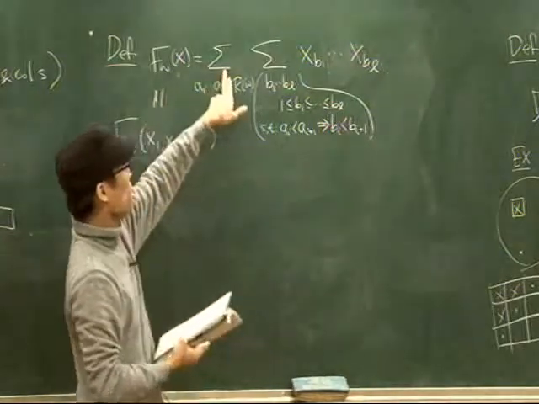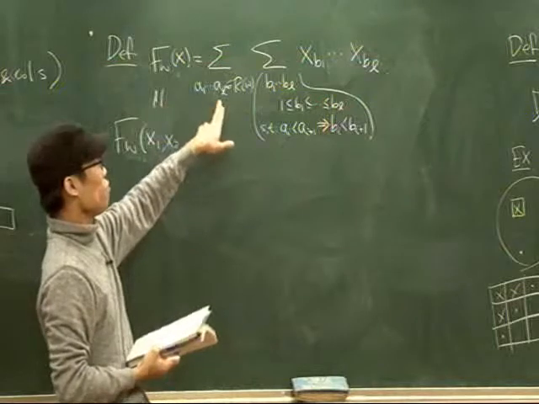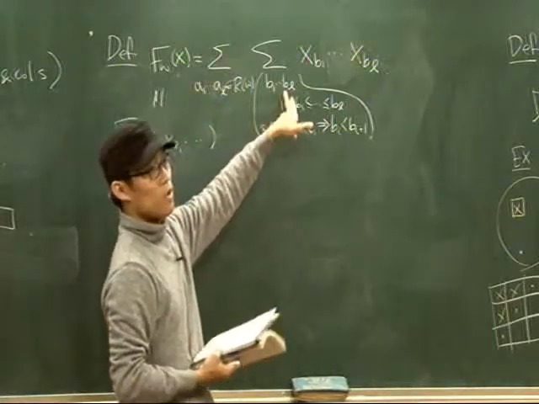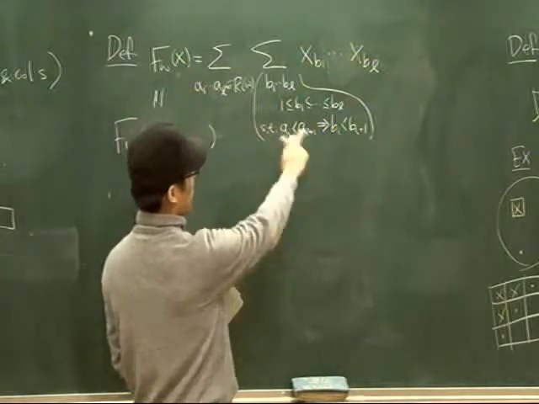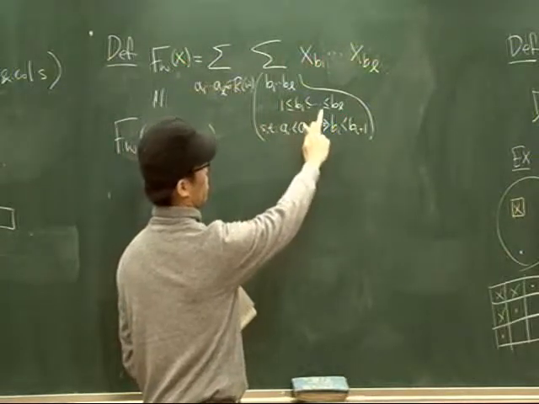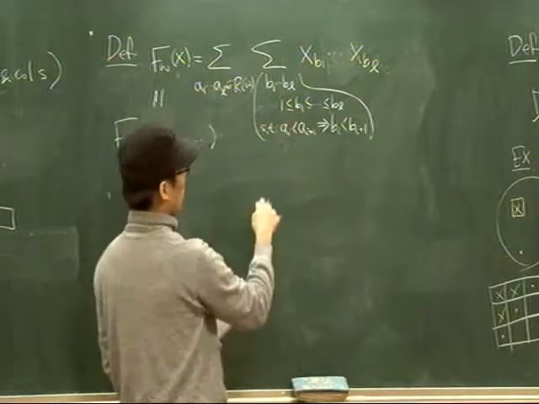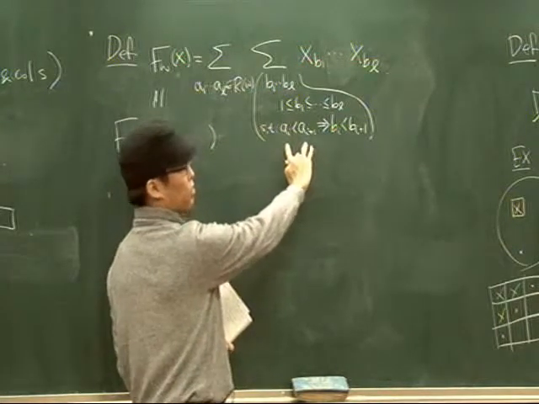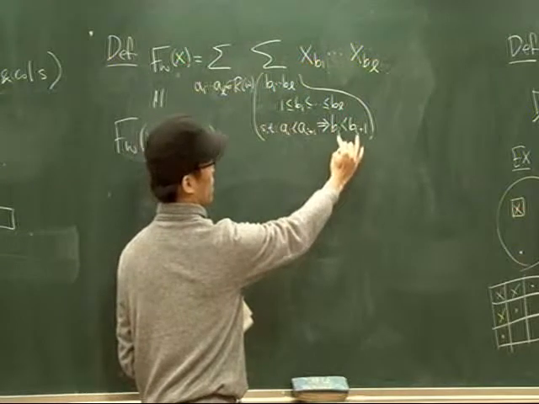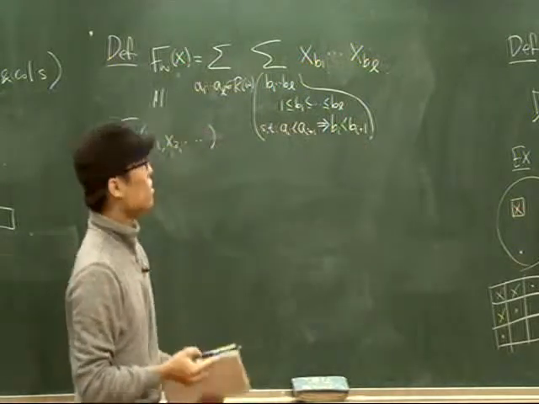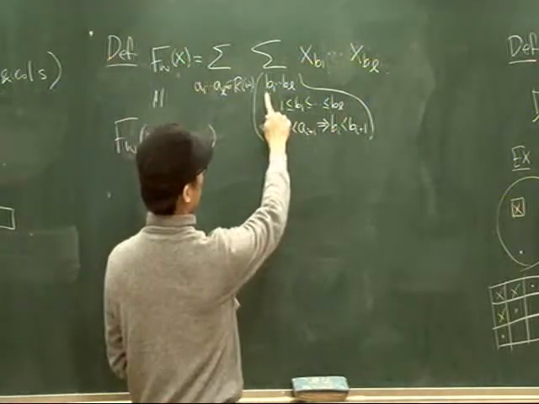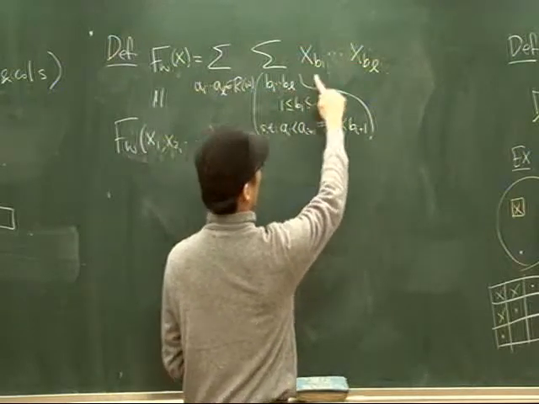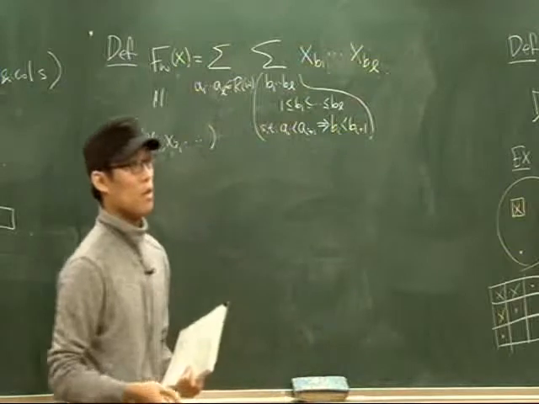This is a sum over all the reduced words of this W, and over all sequences that satisfy this condition. These are weakly increasing, and whenever this reduced word strictly increases, this word has to strictly increase as well. And if we have these words b1 through bl, we add this monomial x_{b1} through x_{bl}.